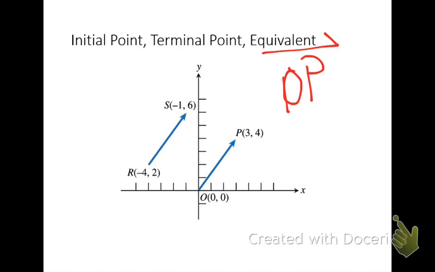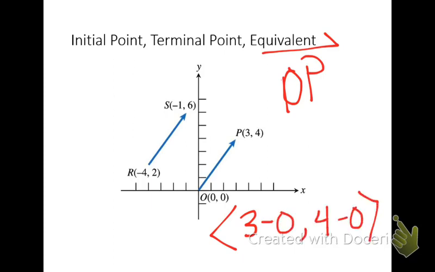So my vector would be 3 minus 0, and then 4 minus 0, because I'm subtracting final minus initial. So the vector OP is actually the vector 3, 4.